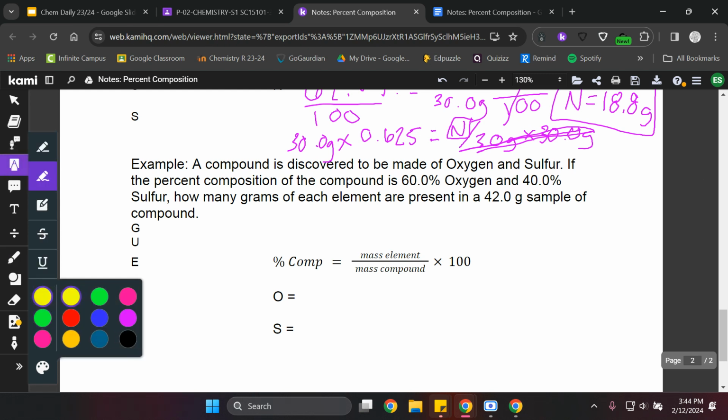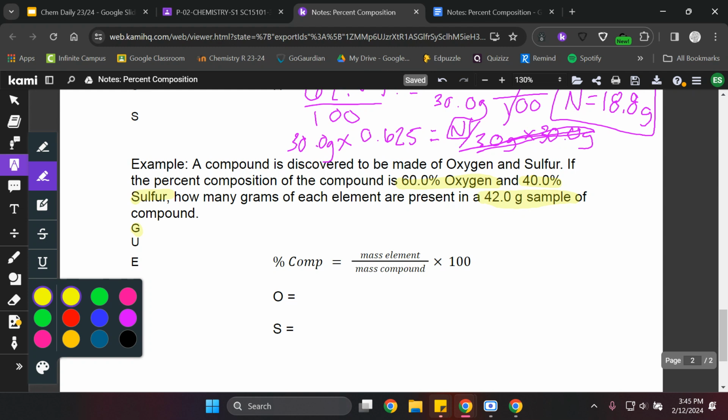All right, let's give this a try. So first, given information. What numbers are given to us? Well, it's 60% oxygen, 40% sulfur. We're also told that it has a 42-gram sample. That's our given information.